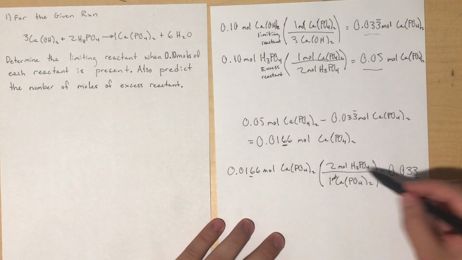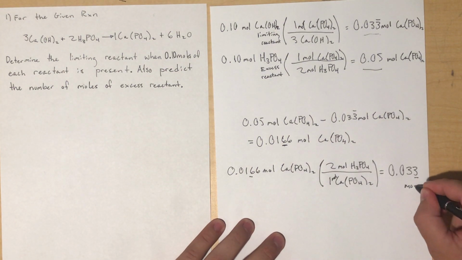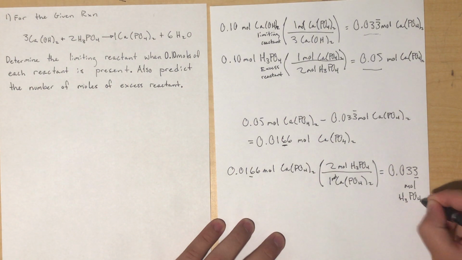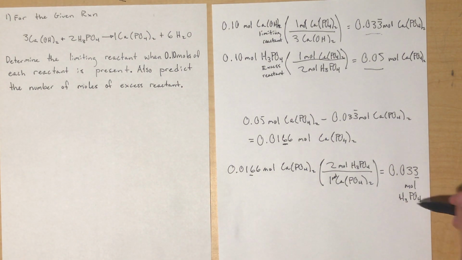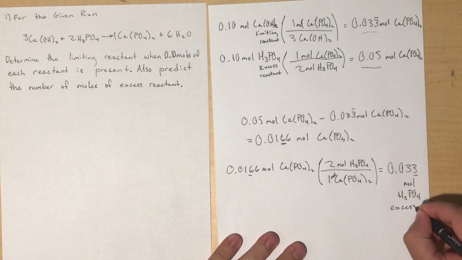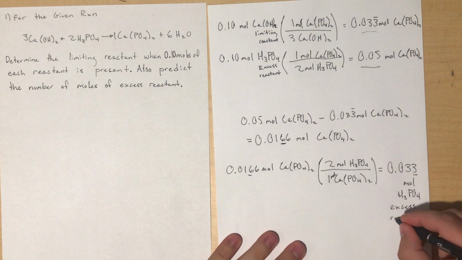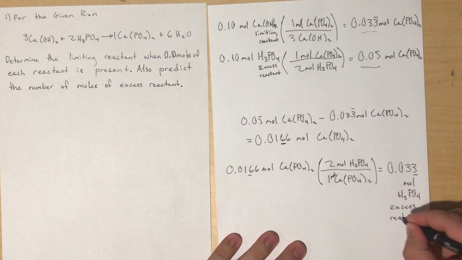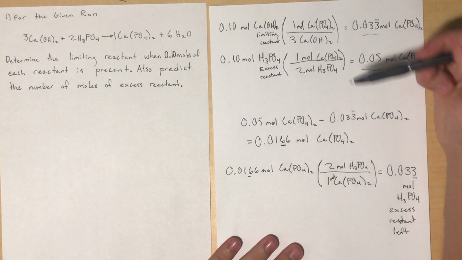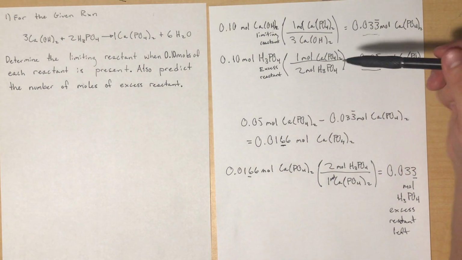So the excess, and that is how many moles of excess reactant we will have left. And we will have 0 moles of the limiting reactant left.